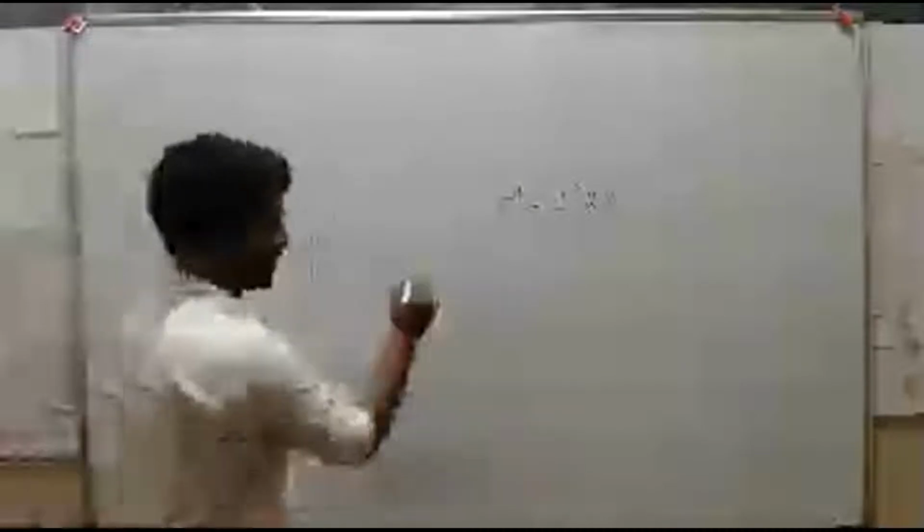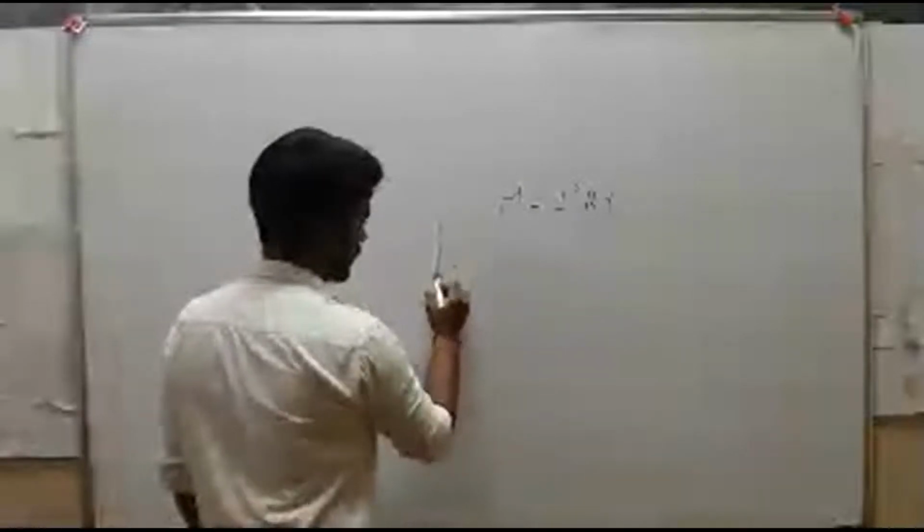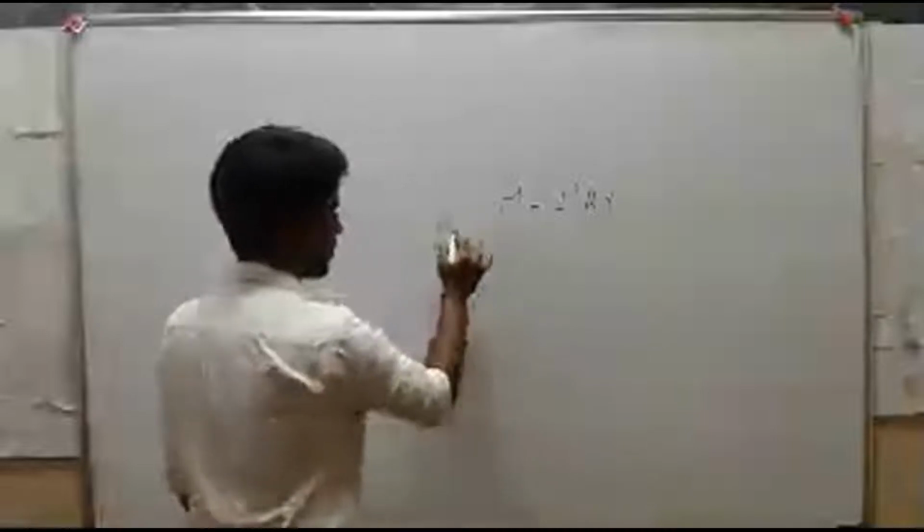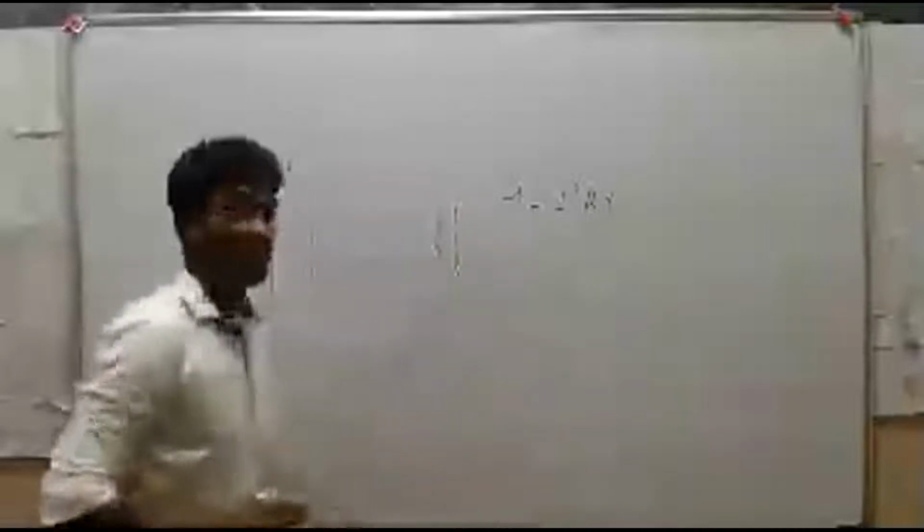Take the bulb. Nowadays we are using LED bulbs. Earlier, you might have seen this kind of bulb, the tungsten bulb, red in color. Here we are using tungsten.